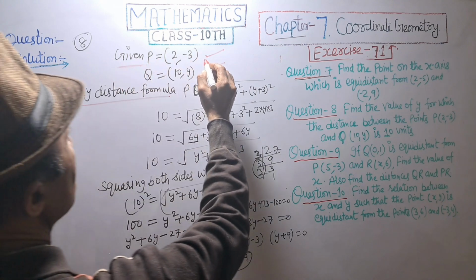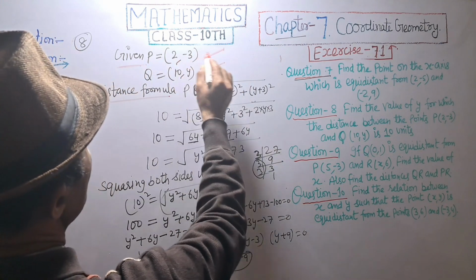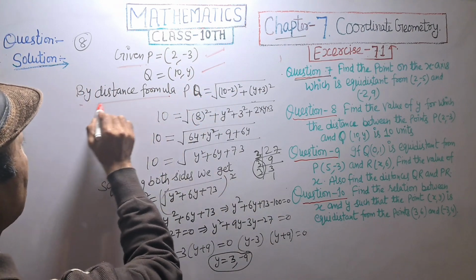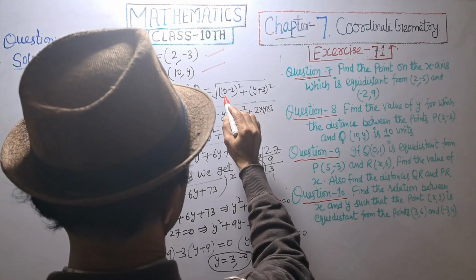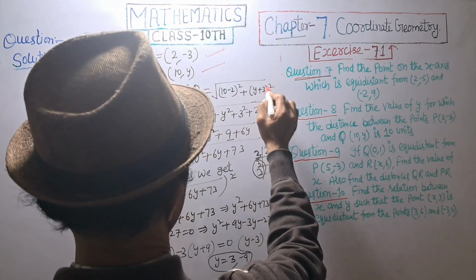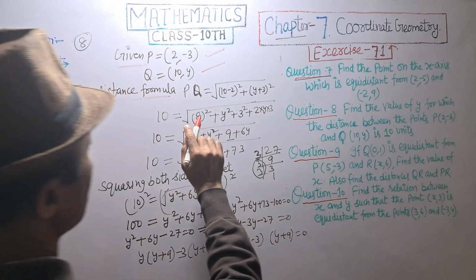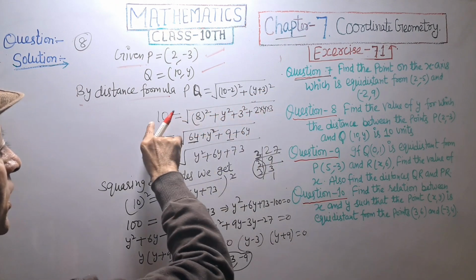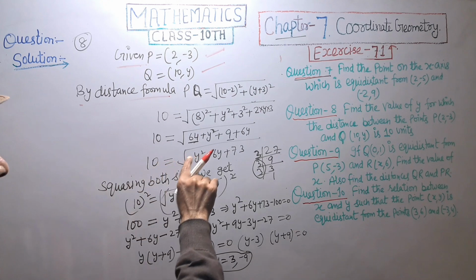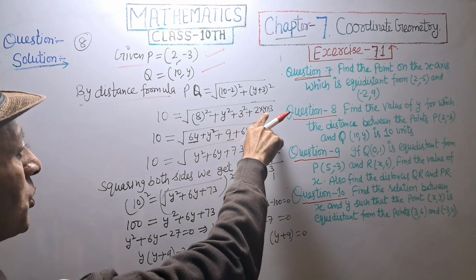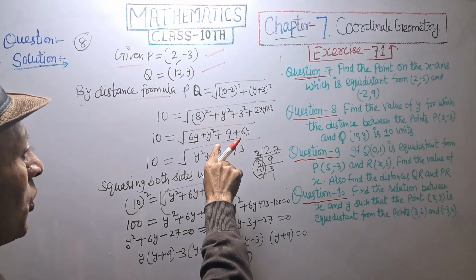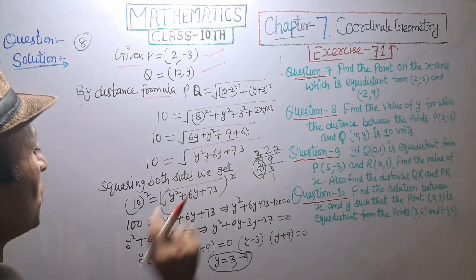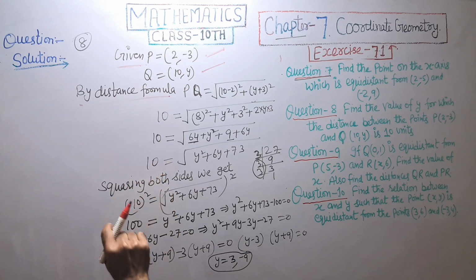Given P is equal to (2, -3), Q is equal to (10, y). By distance formula, PQ is equal to under root of (10 minus 2) whole square plus (y minus 3) whole square. (a plus b) whole square equal to a square plus b square plus 2ab, equal to 10. And y square plus 6y plus 64 plus 9 equal to 73, that is equal to 10.